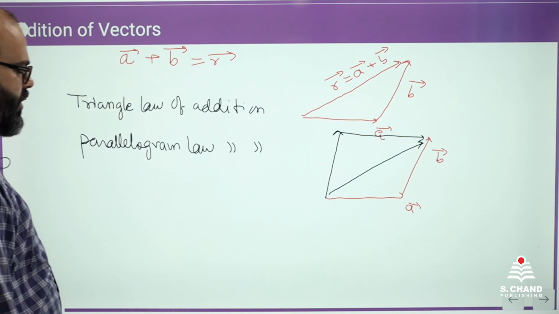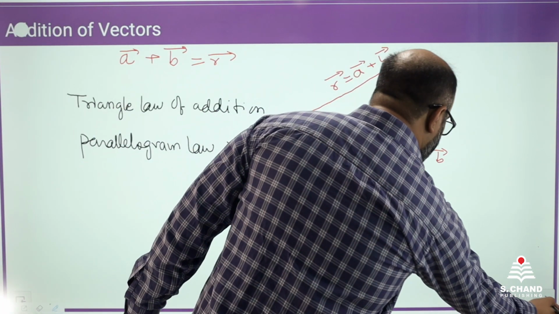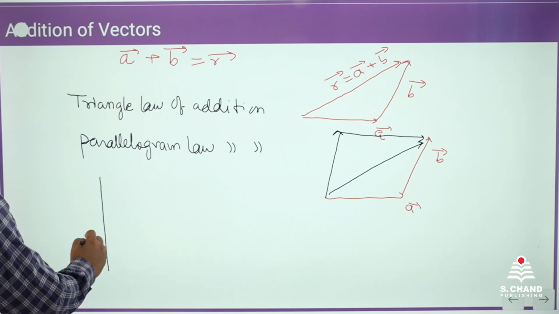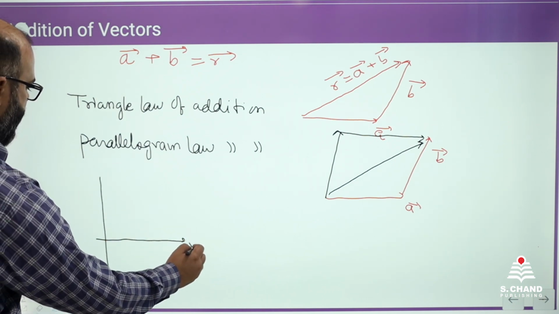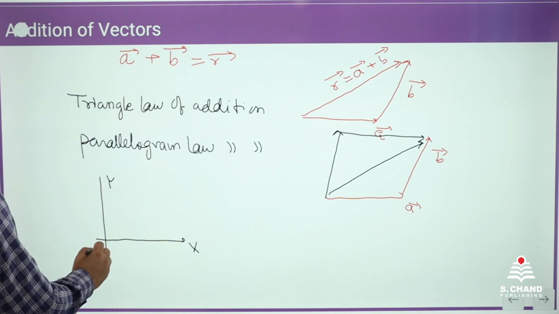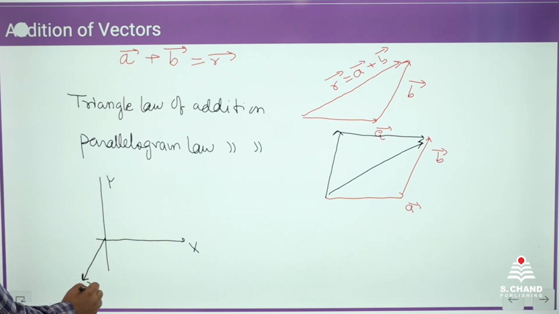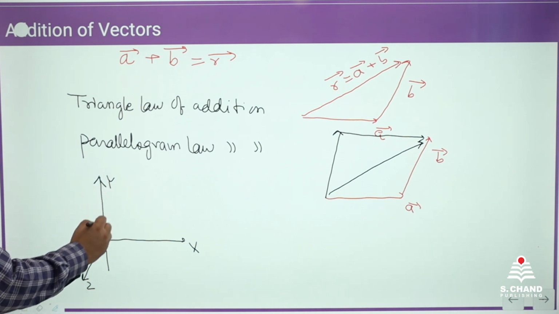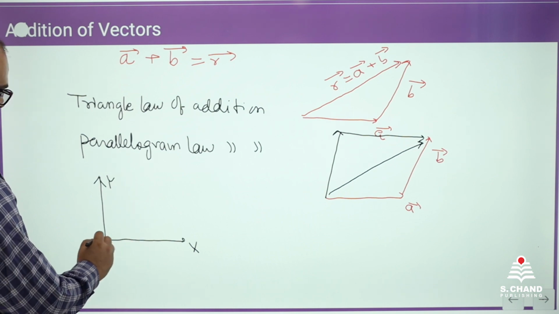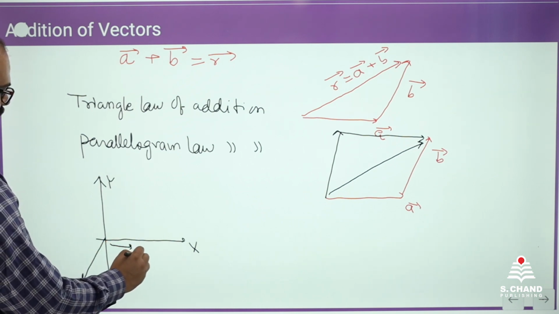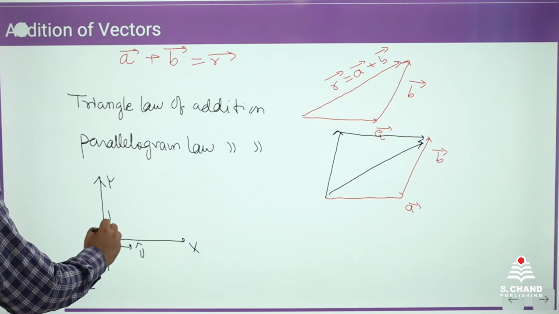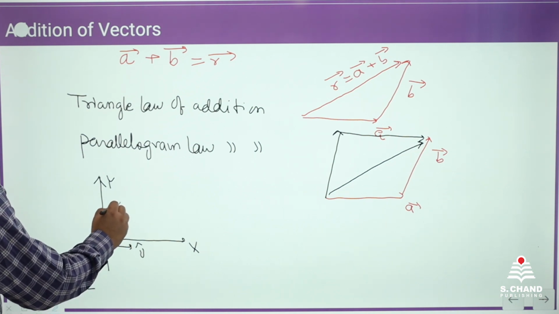Further, suppose we have an orthogonal system, then the orthogonal system is taken as x-axis, y-axis and z-axis. The z-axis is protruding outside of the plane of this board, and then in this direction we have a unit vector i cap. What is a unit vector? Whose magnitude is 1. In this direction there is a unit vector j cap.